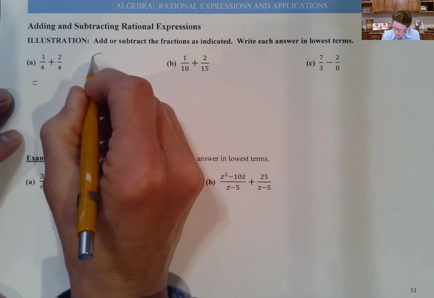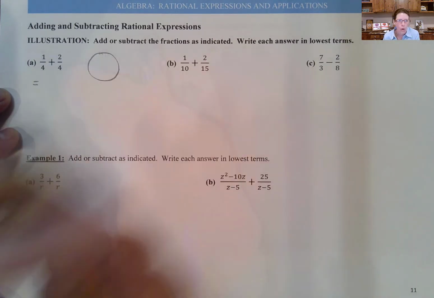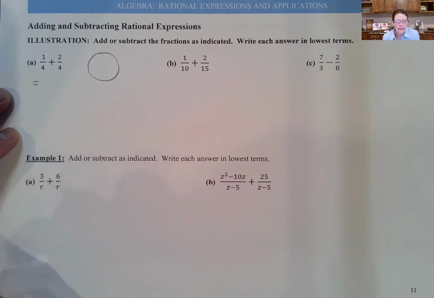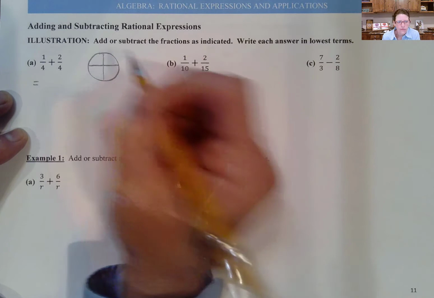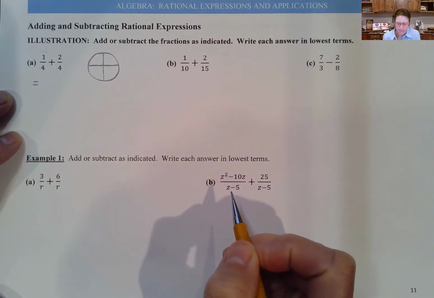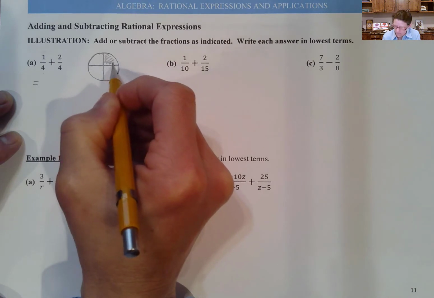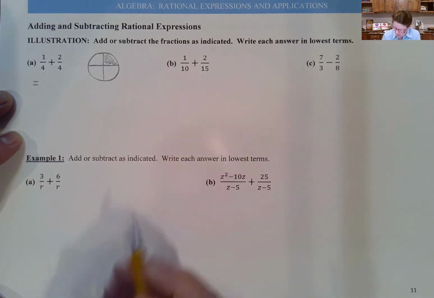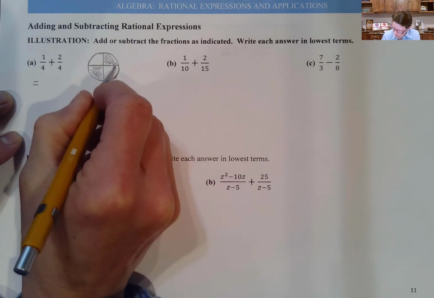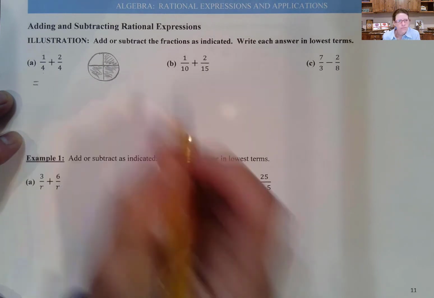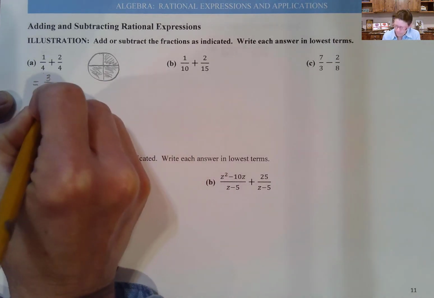As we think visually about what's happening here, if we take a whole thing, maybe a whole pizza, and slice it into 4 equal-sized slices, then adding 1/4 of the pizza to 2/4 gives a combined 3/4.